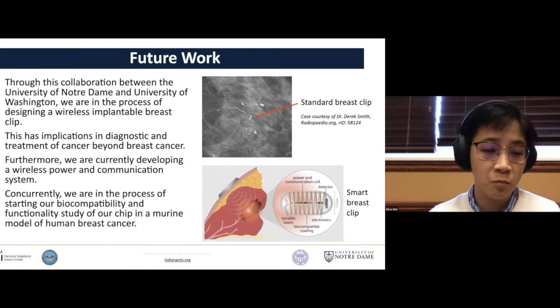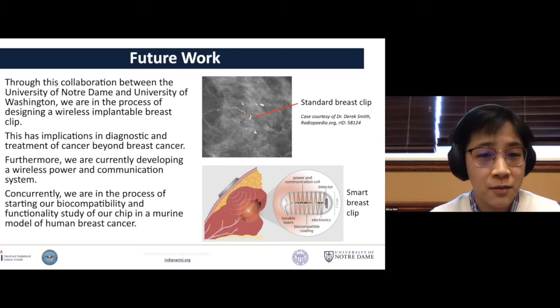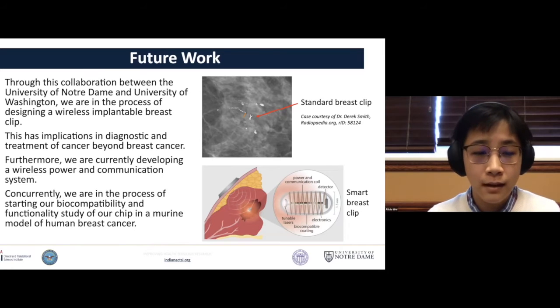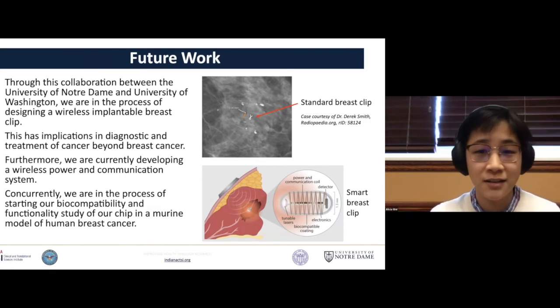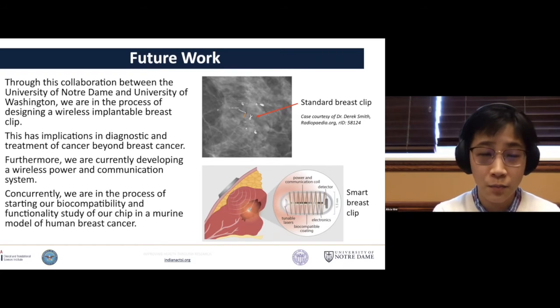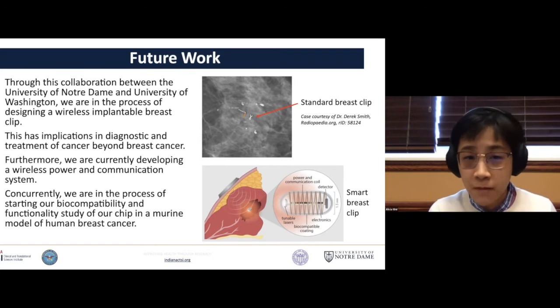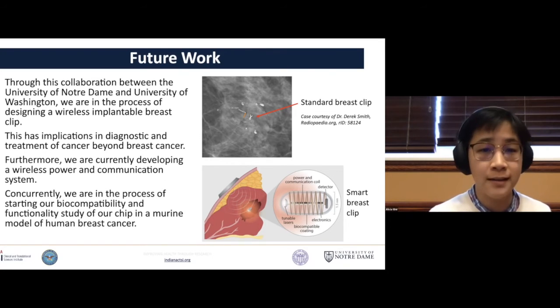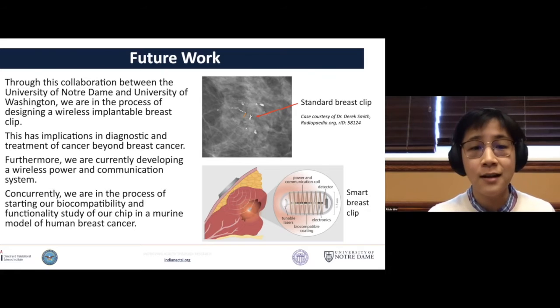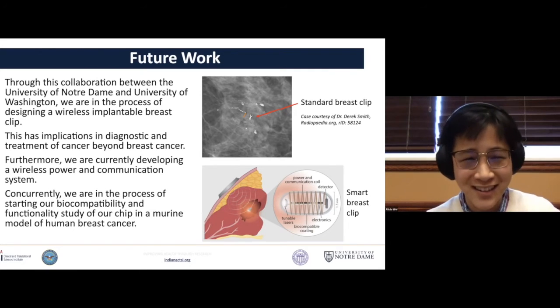If you can imagine cancer anywhere else in the body, this is a much less invasive way because you don't have to constantly go through MRIs or CT scans just to see how the cancer is developing. We can pretty much immediately tell you, is the cancer shrinking? Is it growing? Is there more vasculature growing that probably indicates a growth of the cancer? Pretty much immediately with our design, hopefully in the next year.